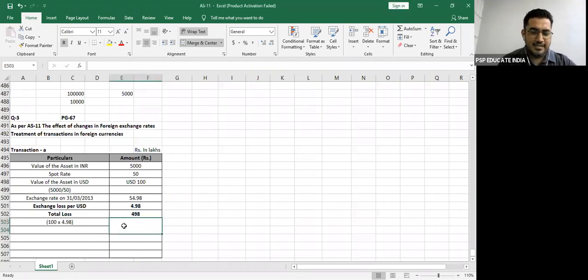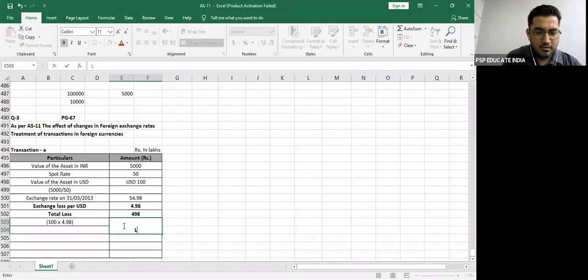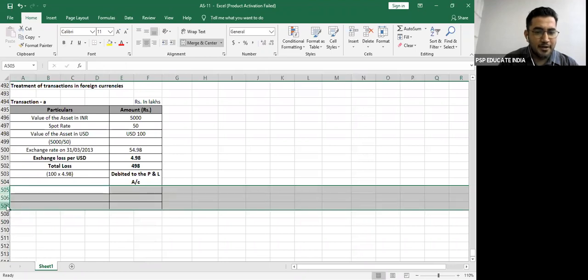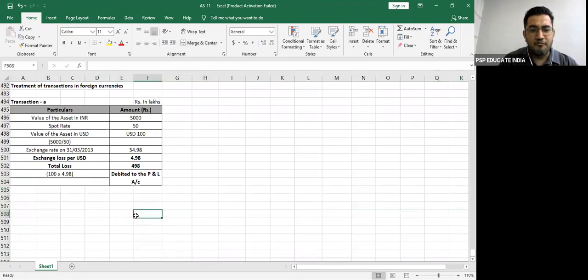So in this case, the loss shall be debited to the profit and loss account. Your 498 lakhs shall be debited to the profit and loss account.